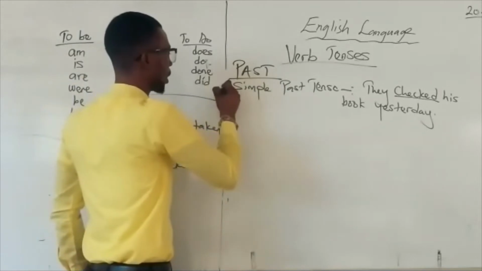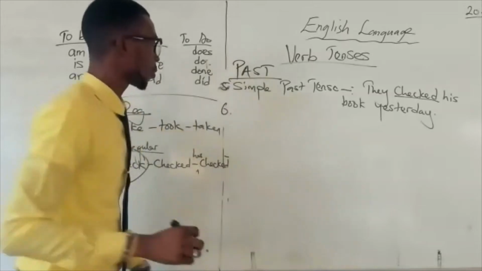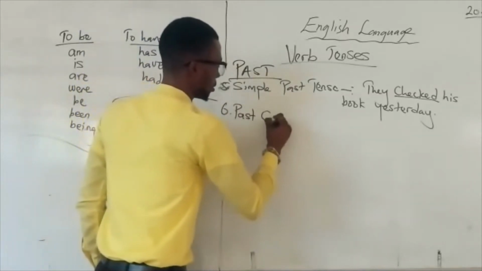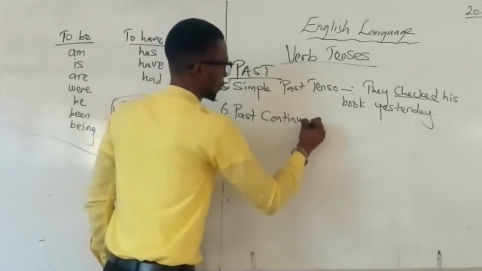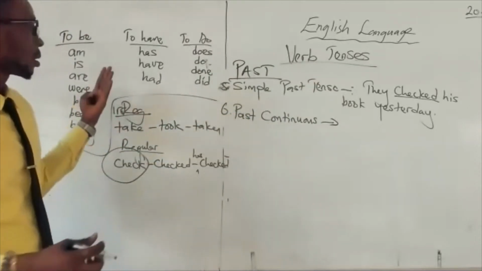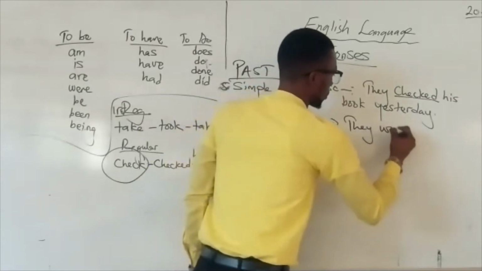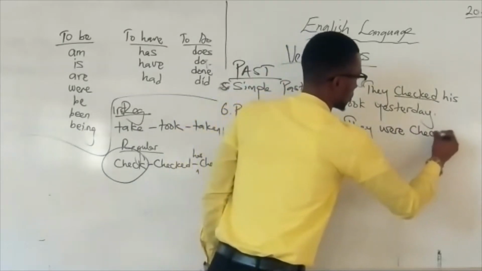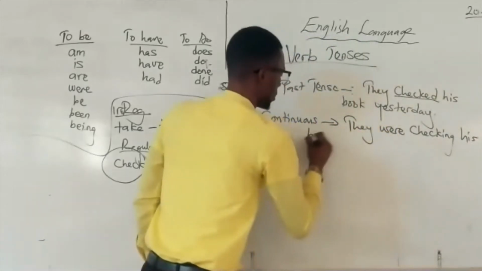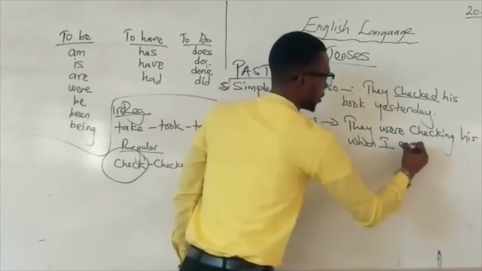All right, let us continue numbering. This is number 6. We have the past continuous tense. They were checking his book when I entered.